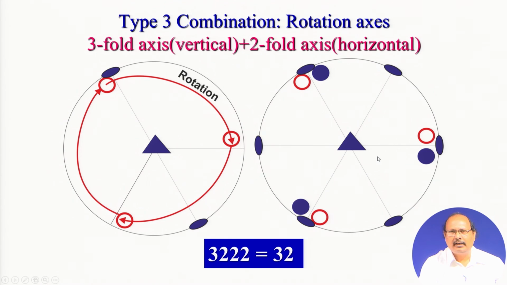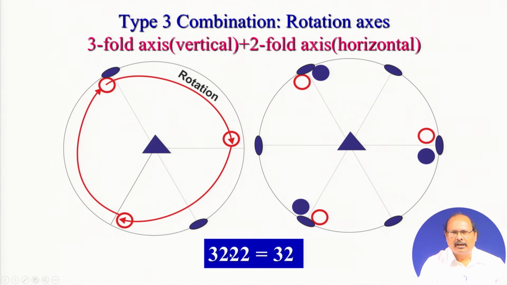What you have here is that we started with this two-fold axis of horizontal orientation, and you generate another two-fold axis also in the horizontal orientation, and the angle between the two-fold axes is 120 degree. If I talk about this and this, it is 120 degree; this and this, 120 degree; and this again 120 degree here.